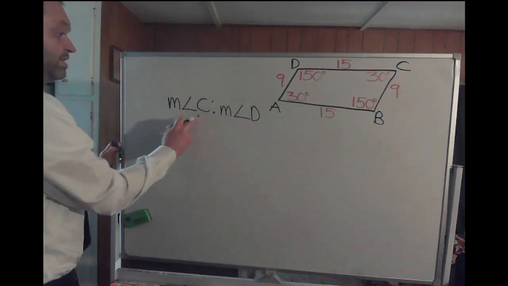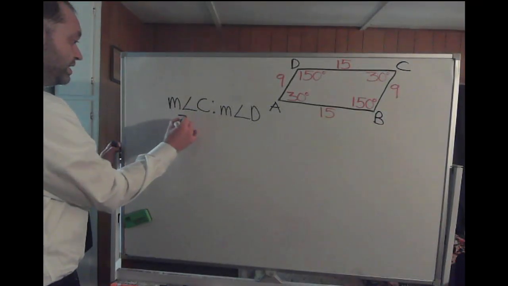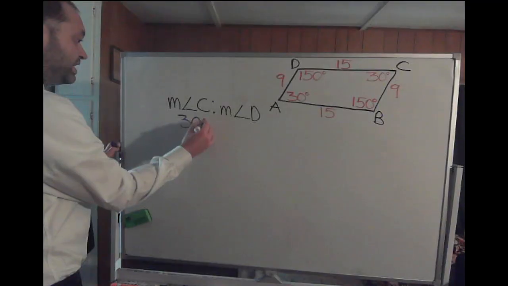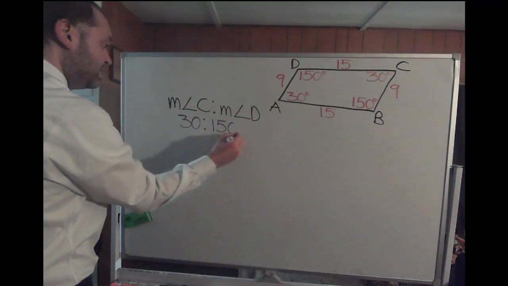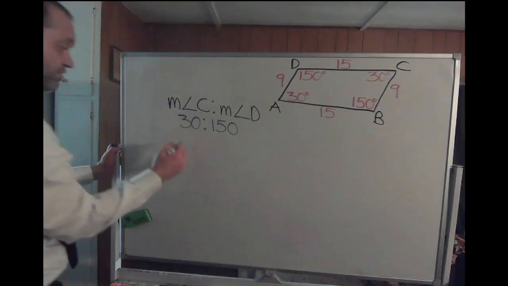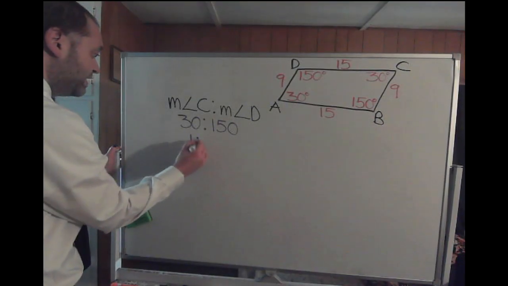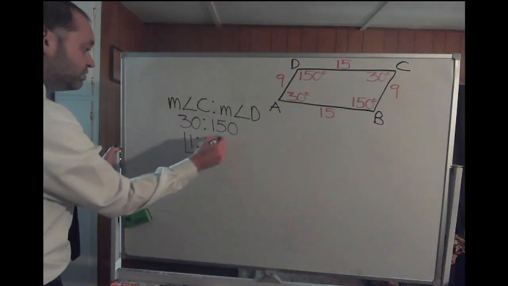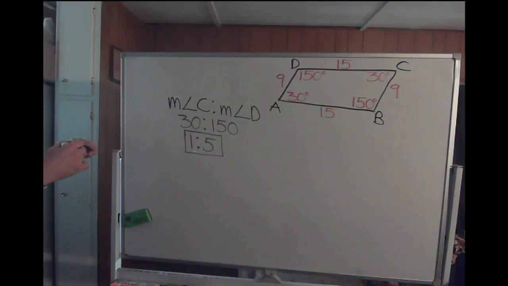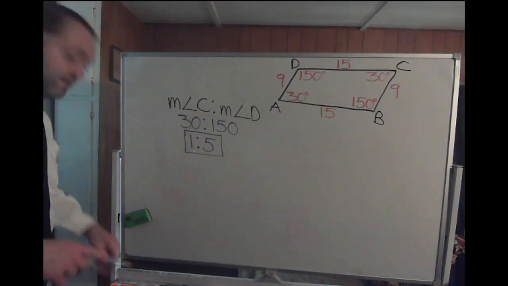Well, measure of angle C is what? 30, right? That's going to be 30 to the measure of angle D, which is 150. Well, both have a common factor of 30, so this will end up being in the ratio of 1 to 5. So the ratio of the measure of angle C to the measure of angle D is going to be 1 to 5.